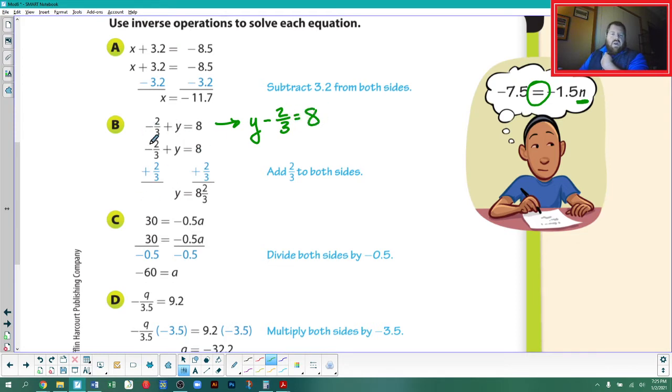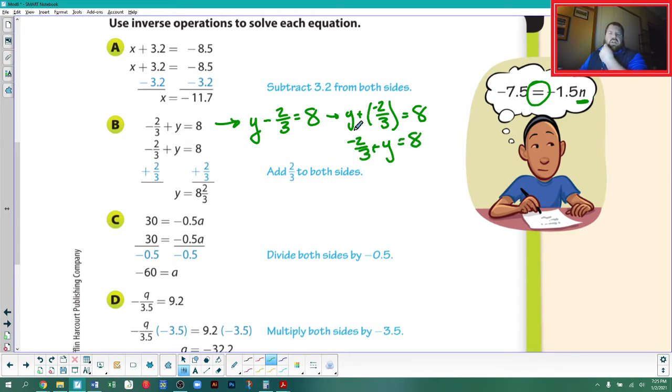That's the same problem as the one they give me. They just go through the steps of turning that into y plus a negative 2/3 equals 8. And then let's commute, let's flip those around: negative 2/3 plus y equals 8. And that's the problem that they have.